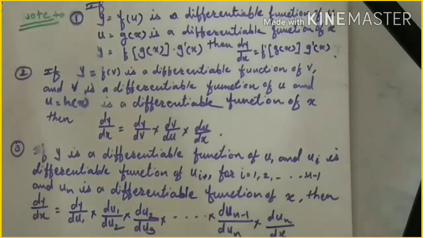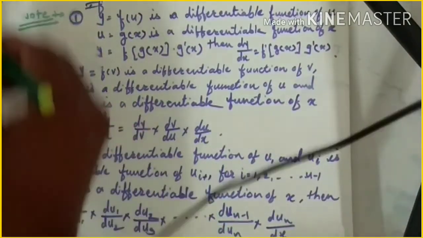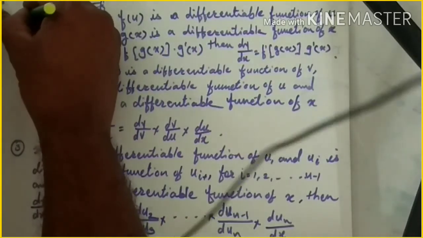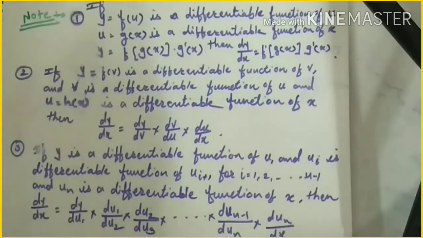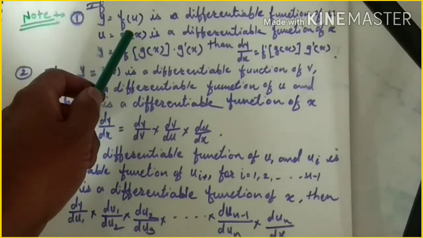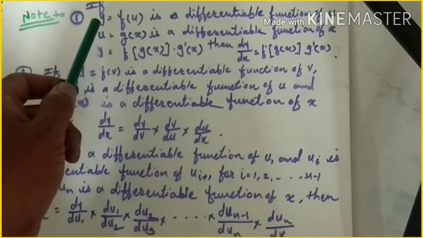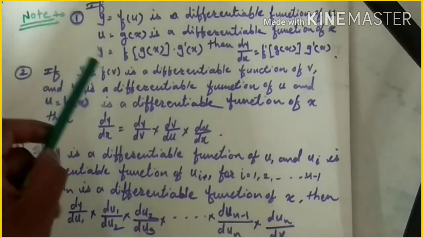Now friends, we will see some points, some notes. You need to note this and keep these things in your mind. The first point is that if y is a function of u, that is, y is differentiable with respect to u, that means we can find dy by du.